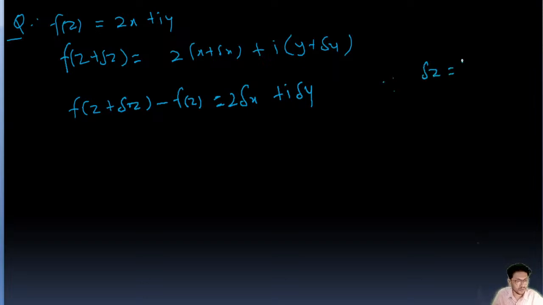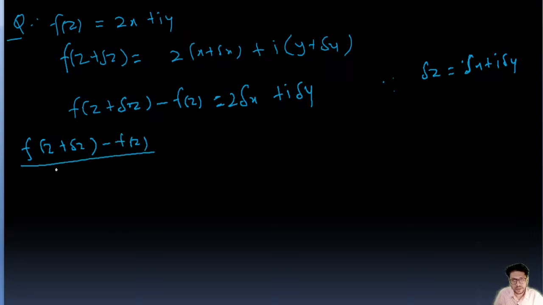Since we know delta z equal to delta x plus iota delta y, right? So here we'll now write f(z plus delta z) minus f(z) upon delta z, limit delta z tends to 0.